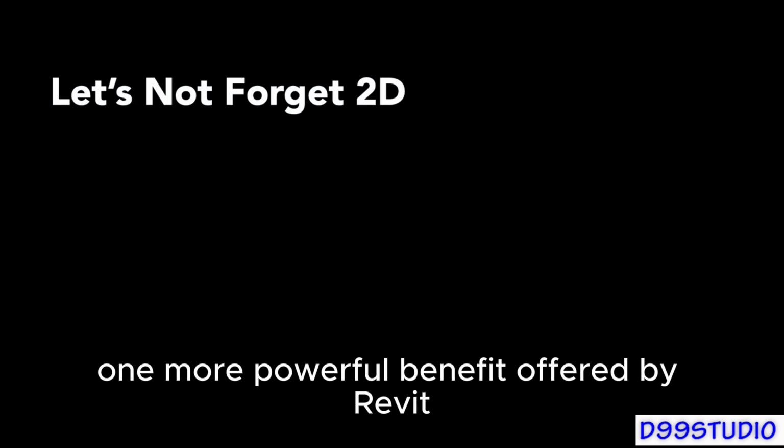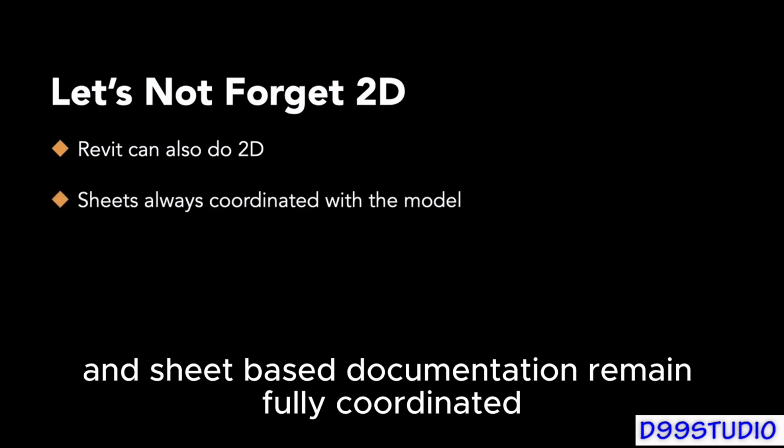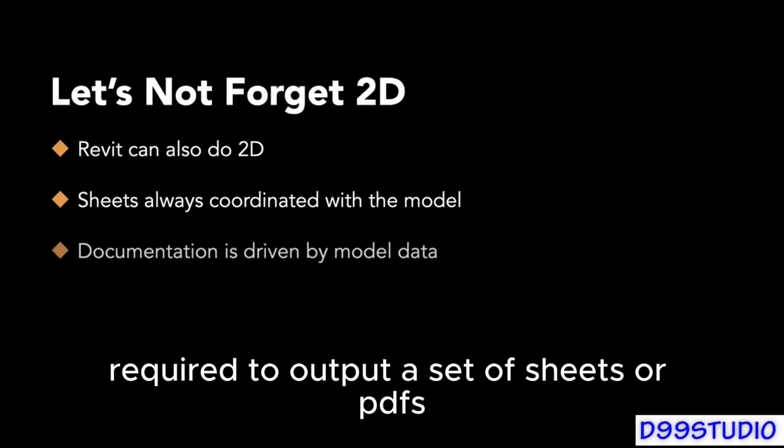Still not convinced? Well, let's consider one more powerful benefit offered by Revit. It does 2D just as well as it does 3D. That is to say that the physical building model and sheet-based documentation remain fully coordinated and always in sync. No updates, no refreshing required to output a set of sheets or PDFs.